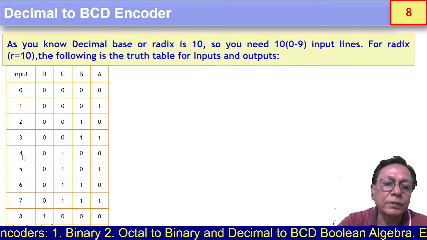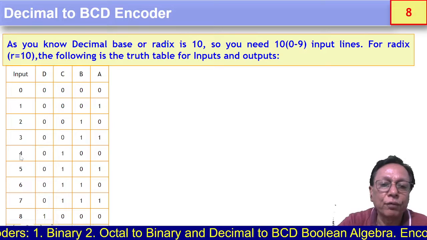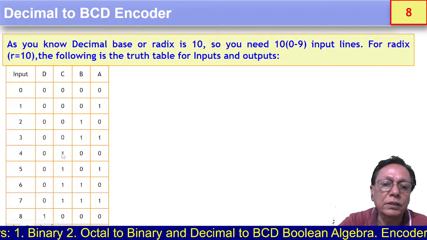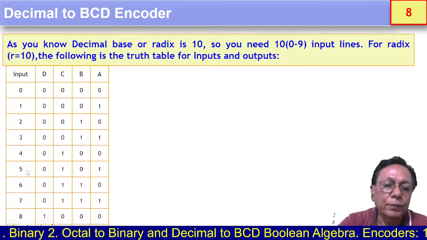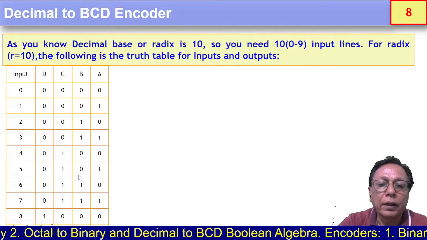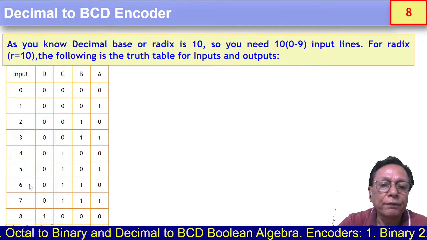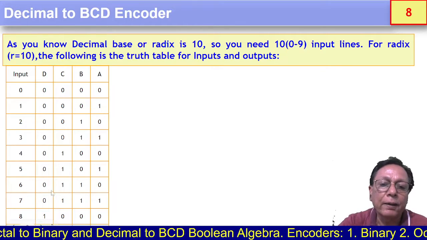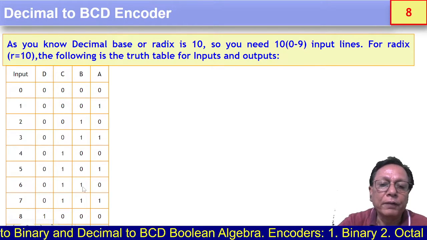If signal 4 is high, the output C is high. If input 5 is high, then output C and A will be high. If input 6 is high, then output C and B will be high.